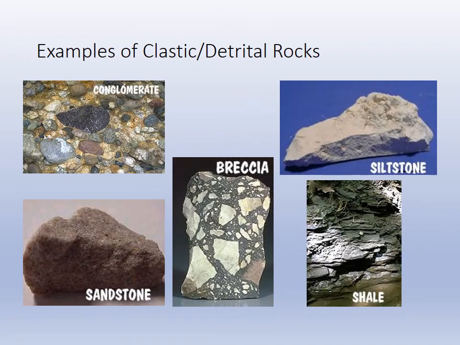So here's some clastic or detrital rocks. You can see conglomerates, just a hodgepodge glued together. Siltstone is silt-sized particles. Sandstone is sand cemented together. Shale is mud and clay cemented together. And breccia is that porphyry.